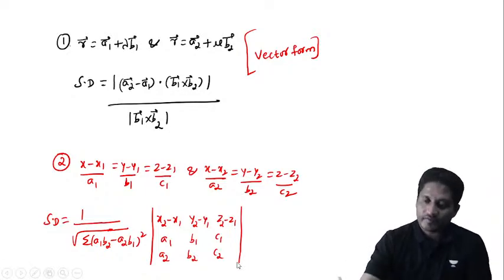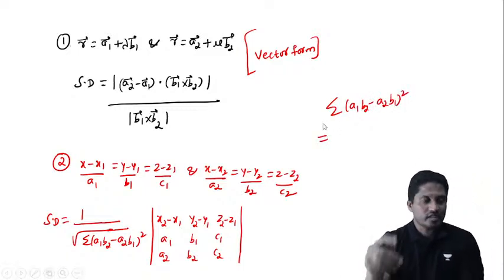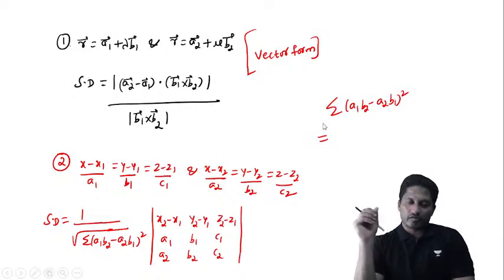Now if you want to find the value of this summation of a1 b2 minus a2 b1 the whole square, just change a1 b1 c1 and a2 b2 c2 in cyclic order.